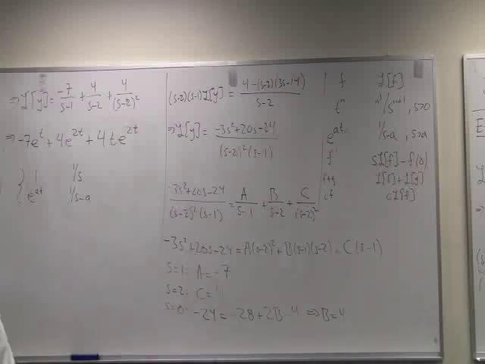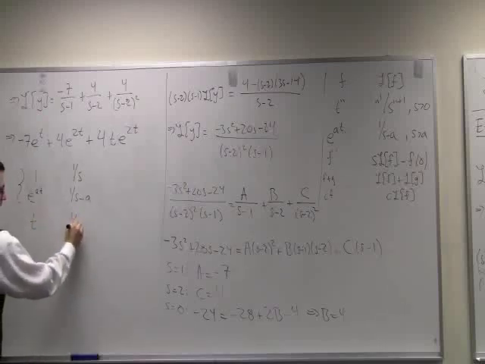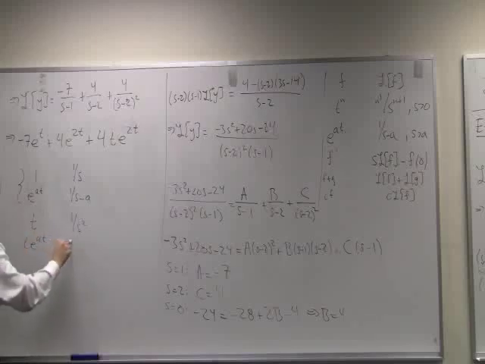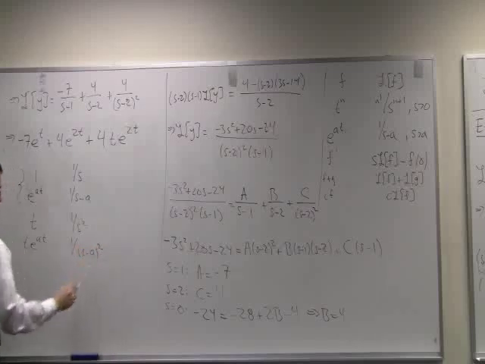Then we know if you have t, you get 1 over s squared. And I just said that if you have t e to the at, then it became 1 over s minus a squared.